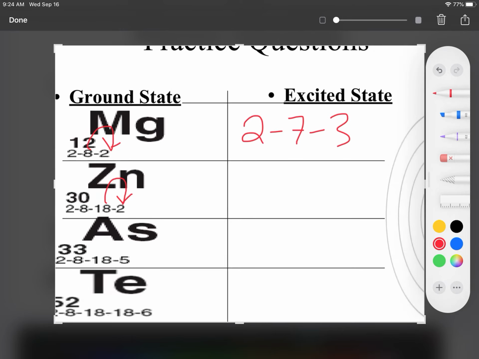So what is my excited state configuration going to say now? Well, it's going to say 2-8, well, 18 lost 1, so that becomes 17. And the 2 gain 1, that becomes 3. Now, if you add them up, guys, they're still going to add to 30. It's just the excited state does not match what's found in the periodic table, which is a ground state. Okay?